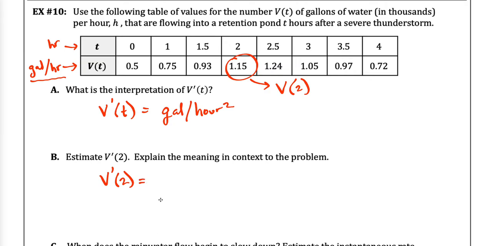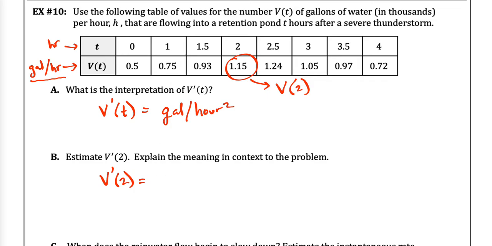Now on a table, we don't have any kind of equations to work with. So how have we traditionally tried to find derivatives using a table? Using the slope. Yep. So you have a bunch of different numbers you could pick to do that with. What would you want to do? 2.5 and 1.5. Okay, that's probably what I would have done too.